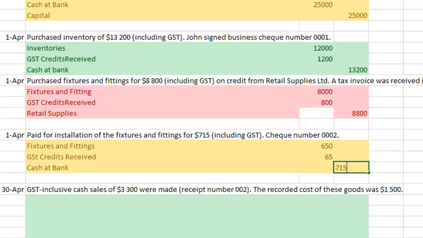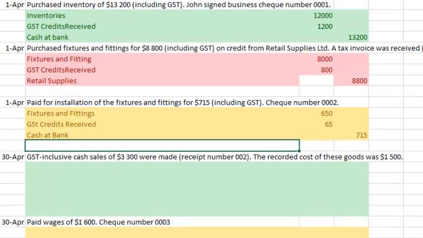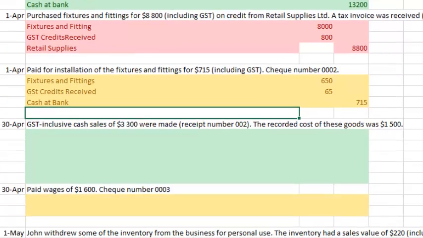You can see that this entry was a bit more difficult to do because I didn't organise myself. 715 you should put down there first, I think anyway, and the 11th of that is the GST, leaving the 650 for fixtures and fittings. It's important that goes to that account to add up to make the full value of the asset.